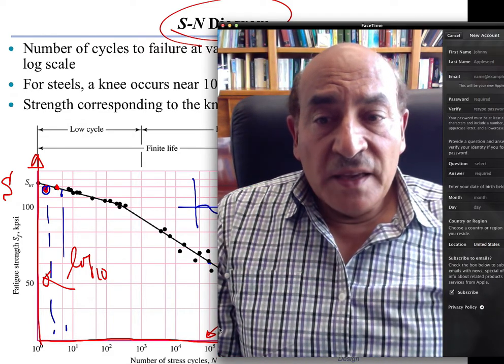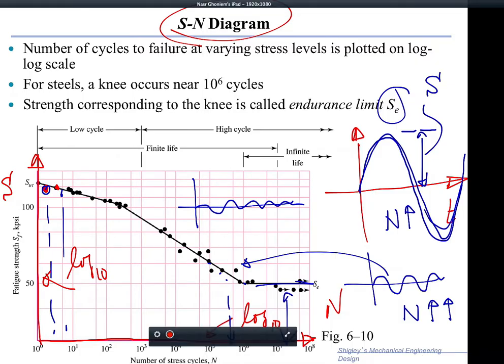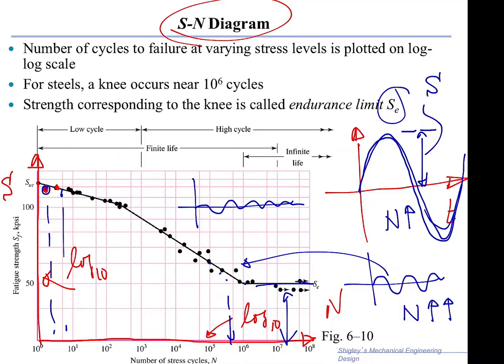And if you look at the graph, you have two main regimes. One is called the low cycle regime, which is right here, and that is for any number of cycles approximately below 1,000. We would call this low cycle fatigue. And for any number of cycles approximately above 1,000, we will call this high cycle fatigue, including the range that goes into infinite life.